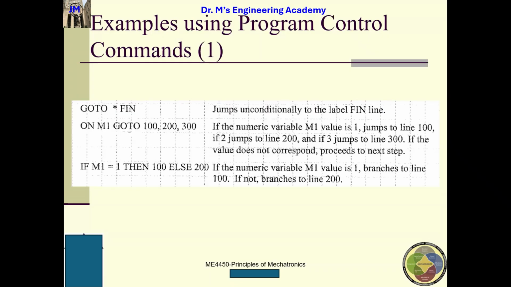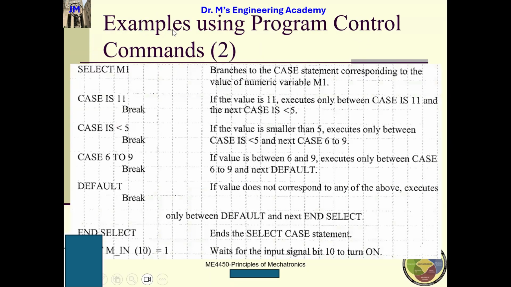No question. And then we talk about the example for select. As I said, this is multi choice. For select, M1 is the index. Let's say the case is 11.